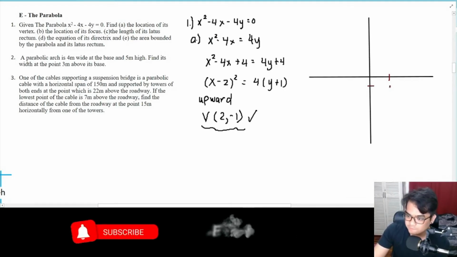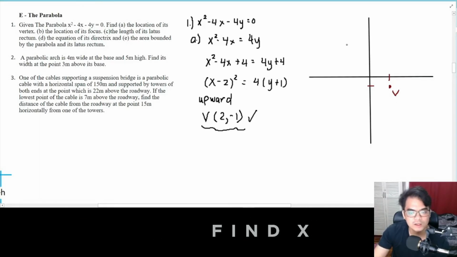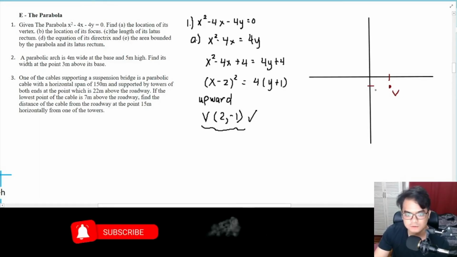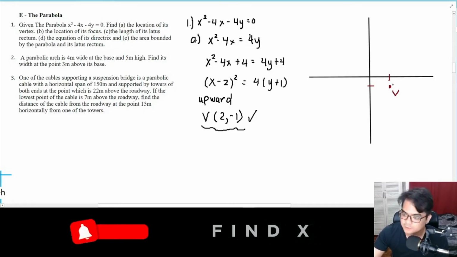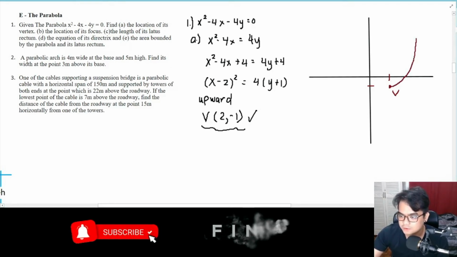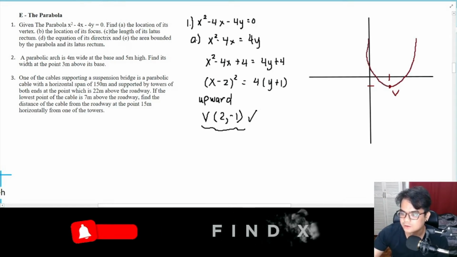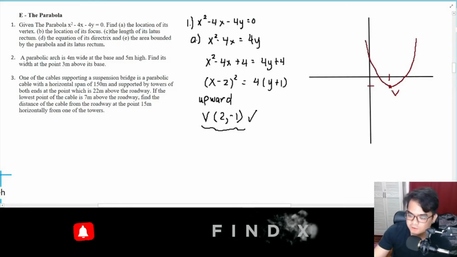So this will be the vertex. So this is V. And opening upward, it should look something like this. So this is the parabola.